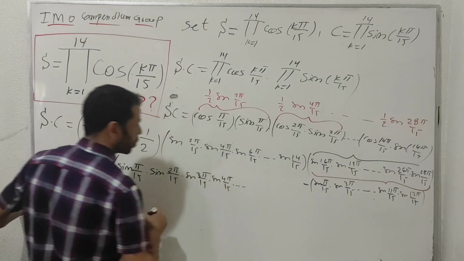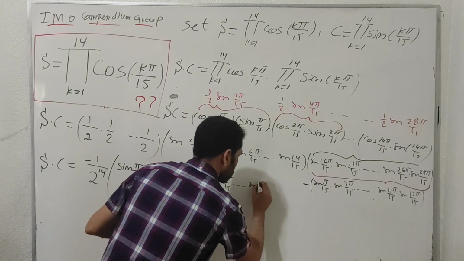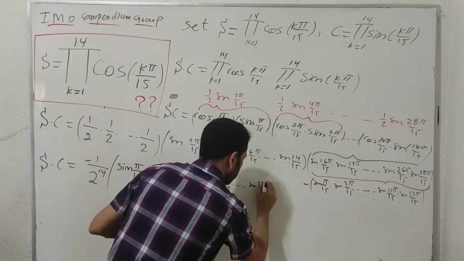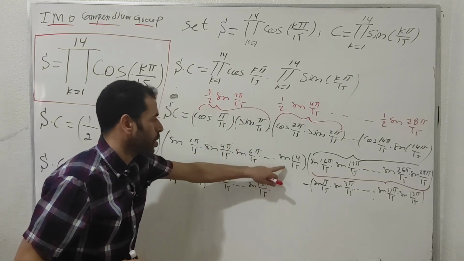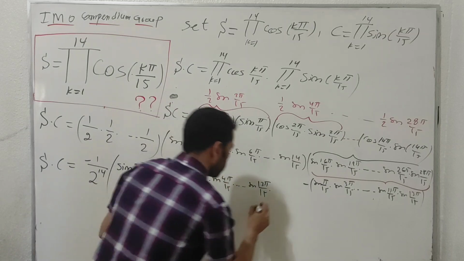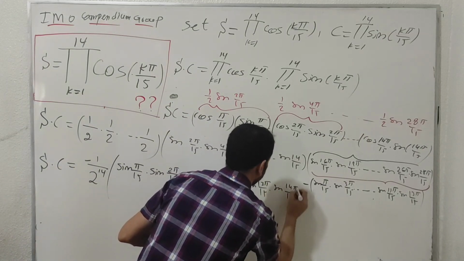This one is going all the way down to the sine 13 pi over 15, multiplied by the even term, which is sine of 14 pi over 15.